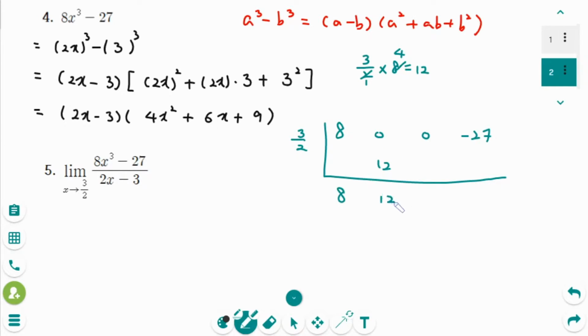And add 12, then times 3 over 2 is 18. Then add. 3 over 2 times 18 is 27.